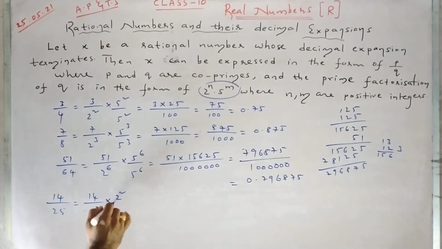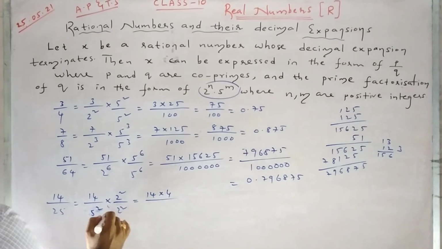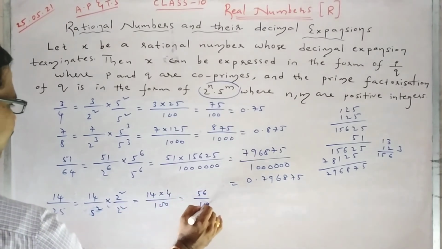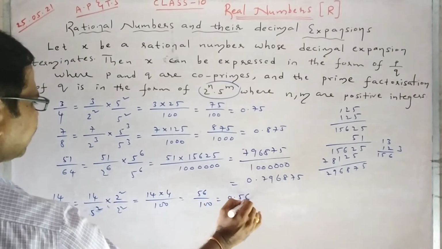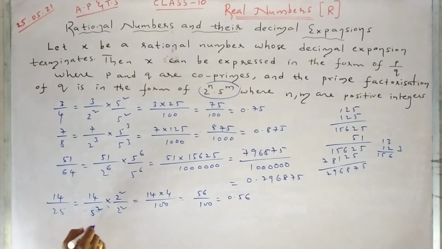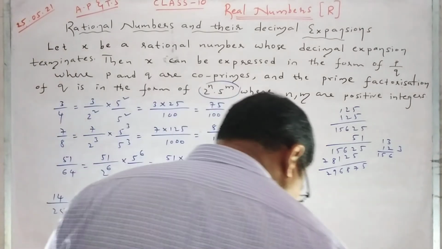It is a terminating decimal. So 14 into 4 by 100. 56 by 100. 0.56. Right? 80 by 100 means it is a terminating decimal surely. 0.80. Okay? So that is the way we have to decide.